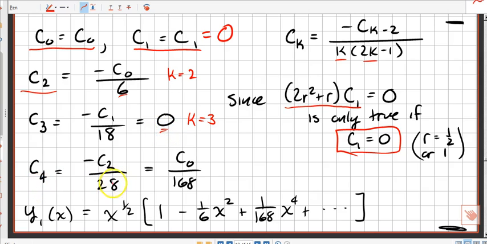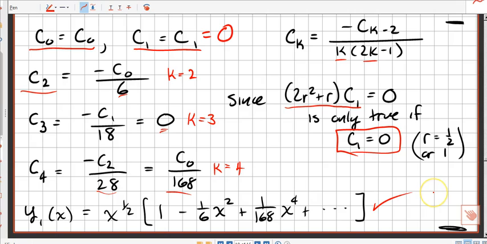C sub 4, then, we make the substitution of k equals 4, and we get 4 times 8 minus 1, so 4 times 7 is 28, and so we get negative c2, and c2 is negative c sub 0 over 6, so we end up with c sub 4 equals c sub 0 over 168.